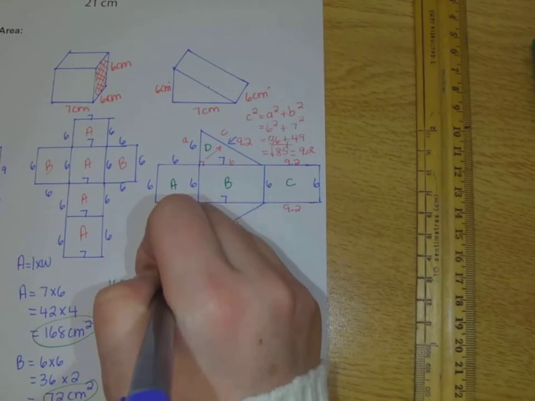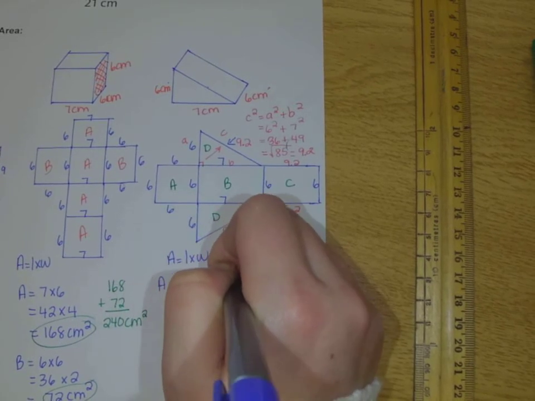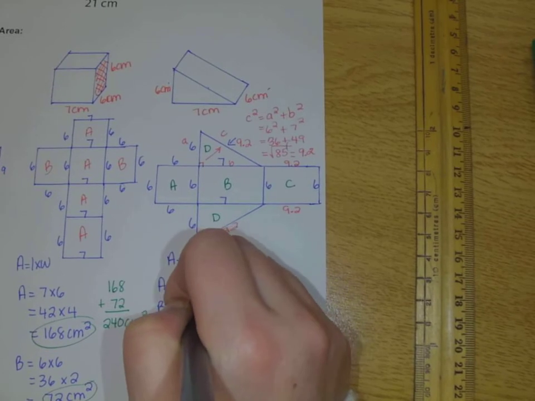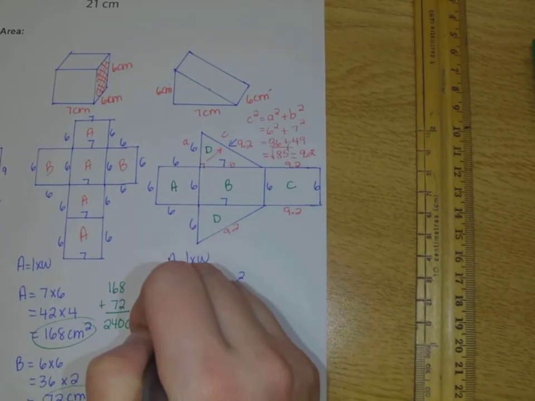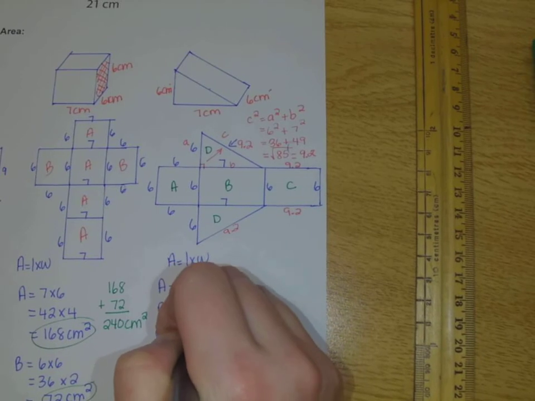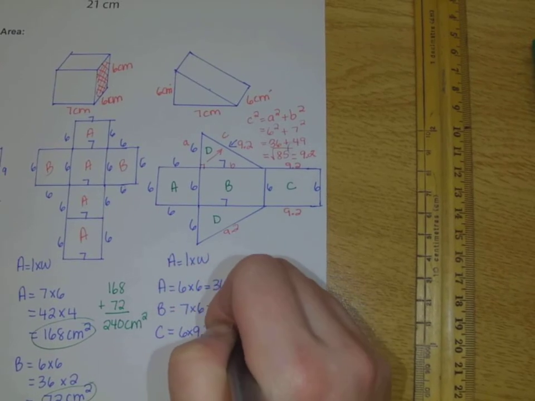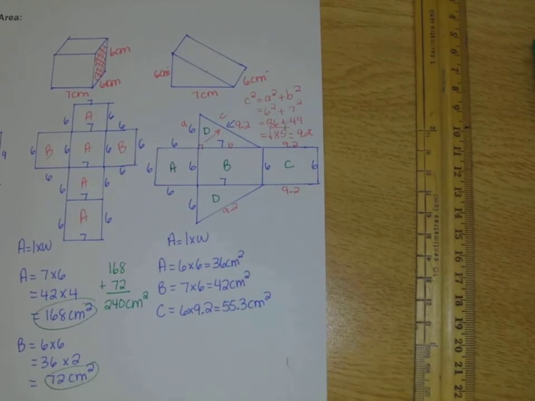So for A, it is 6 times 6, which equals 36 centimeters squared. For B, it equals 7 times 6, which is 42 centimeters squared. And for C, it equals 6 times 9.2, which equals 55.3 centimeters squared. So those ones are pretty easy.